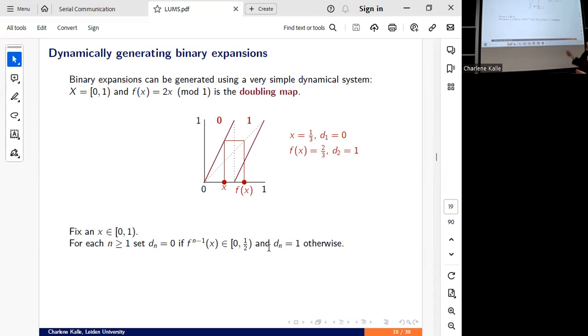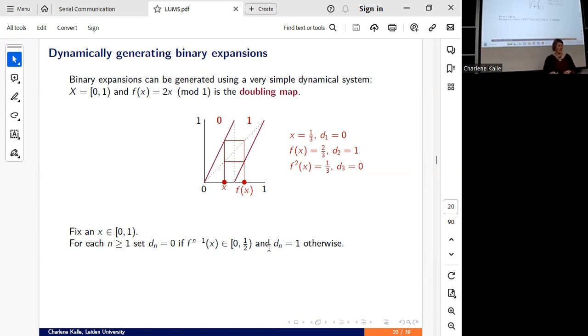So we put the second digit equal to 1, and then we continue. This one is nice because f of x goes back to x. So f squared of x is again 1/3, so we get digit 0. And if we iterate this, we get 0, 1, 0, 1, 0, 1, 0, 1, which we already saw before. So by just following the orbits, we get an infinite string of digits. And the claim is that these are precisely the binary digits of x.